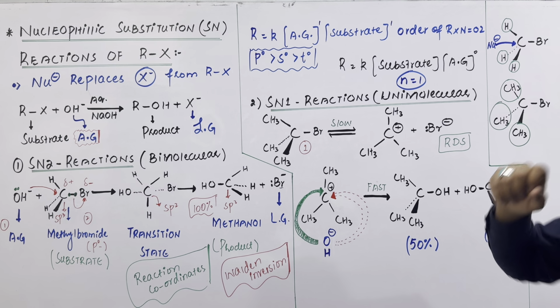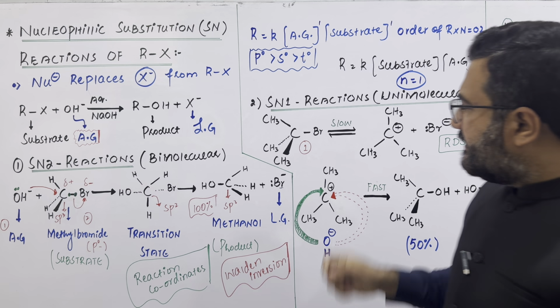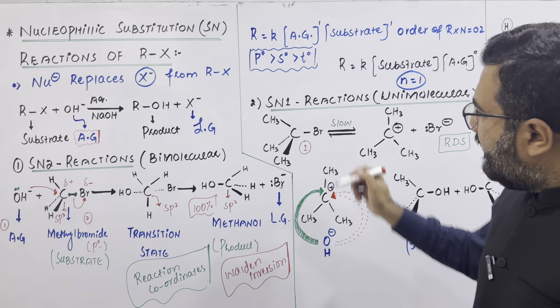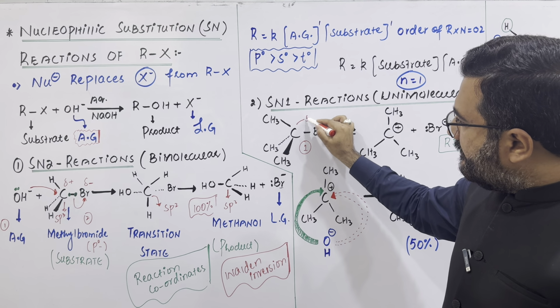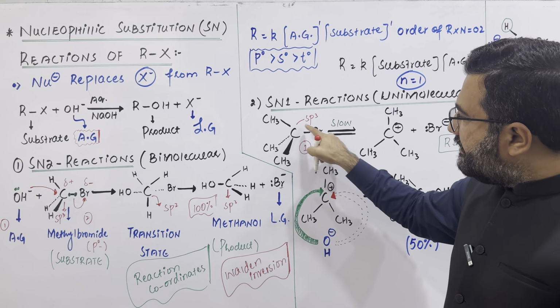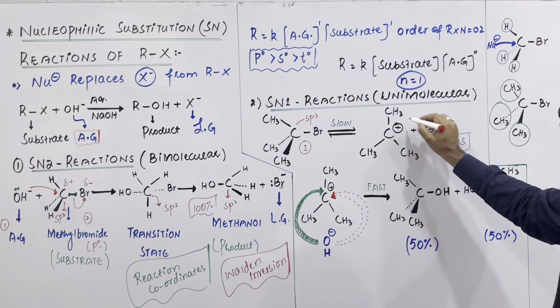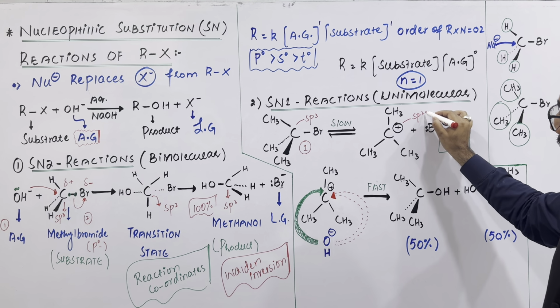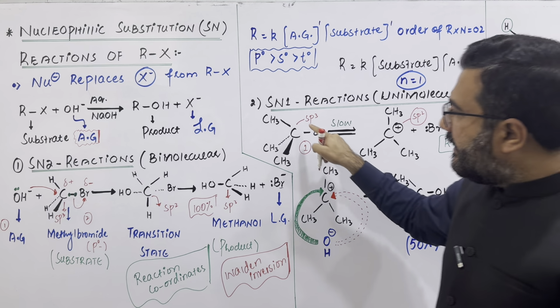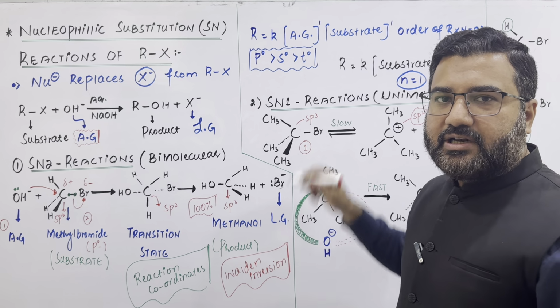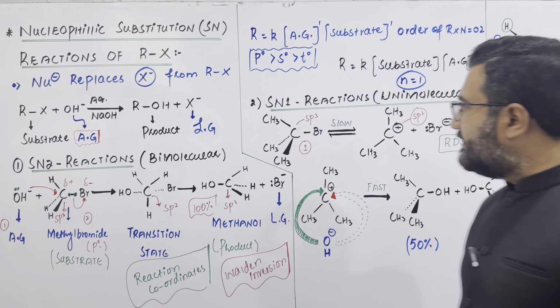Now, my dear students, the next point is that in SN1 reactions, in the first step, the hybridization changes from sp3 to sp2, and we will consider only the alpha carbon when discussing the hybridization.